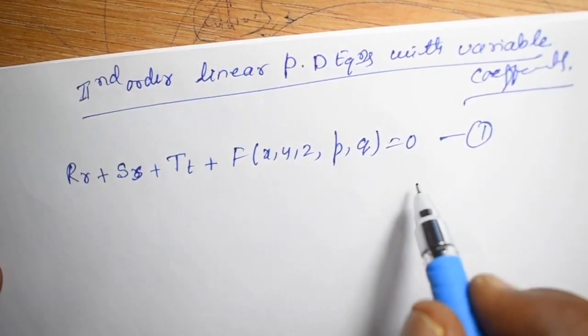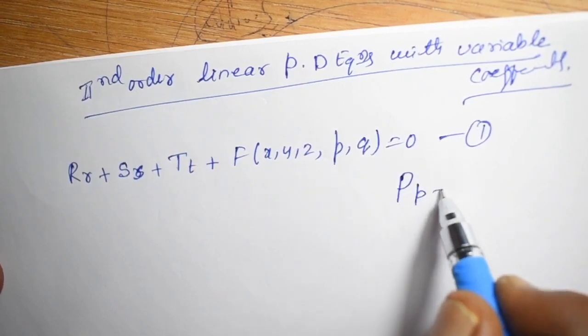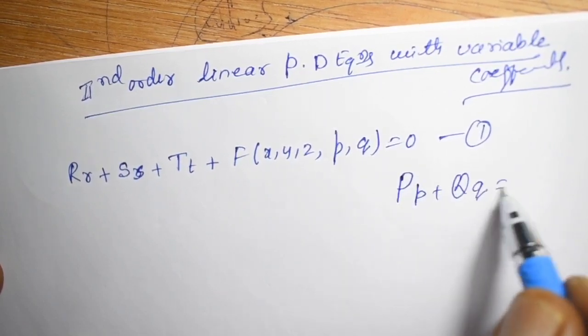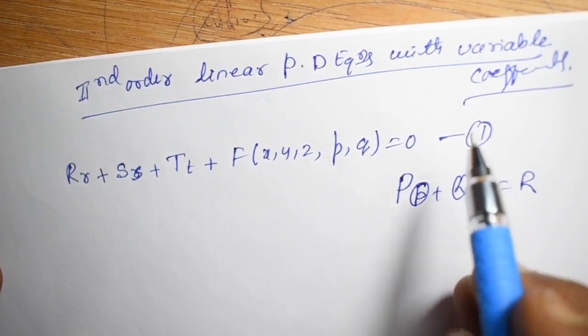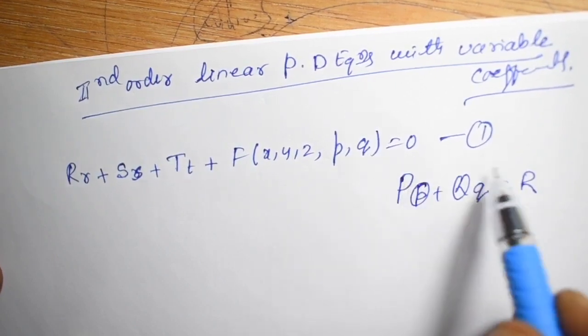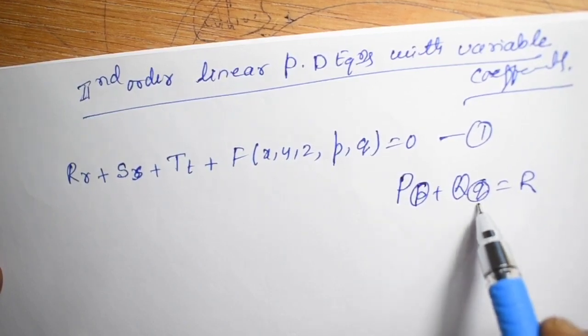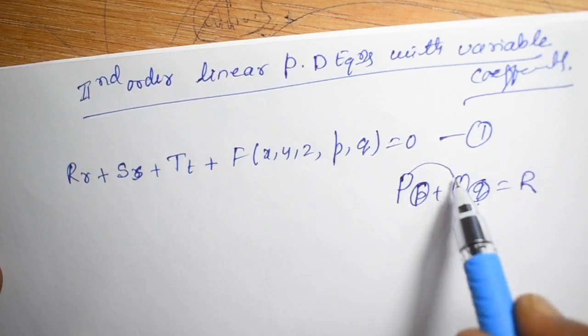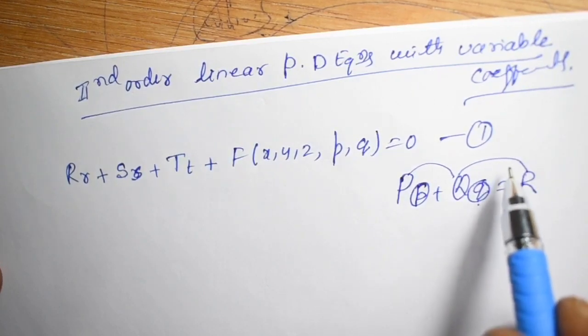As you studied in first order, the equation is of the form capital P into small p plus capital Q into small q is equal to capital R. Small p is the first order derivative with respect to x, similarly small q is the first order derivative with respect to y, and capital P, capital Q and capital R are functions of x, y, z.